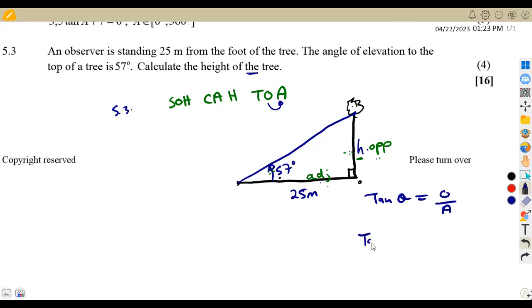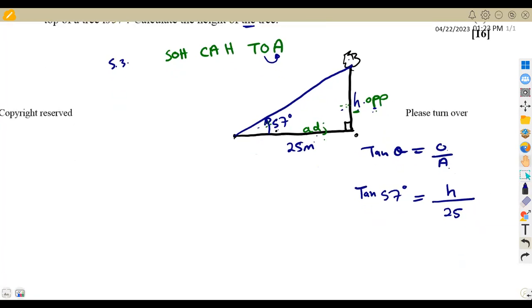That means tan of theta, which is 57 degrees, is equal to the opposite, which is h, over the adjacent, which is this side of 25 meters. We can calculate h, taking note that this is the same as over 1 as a fraction. So we can cross multiply to determine h.